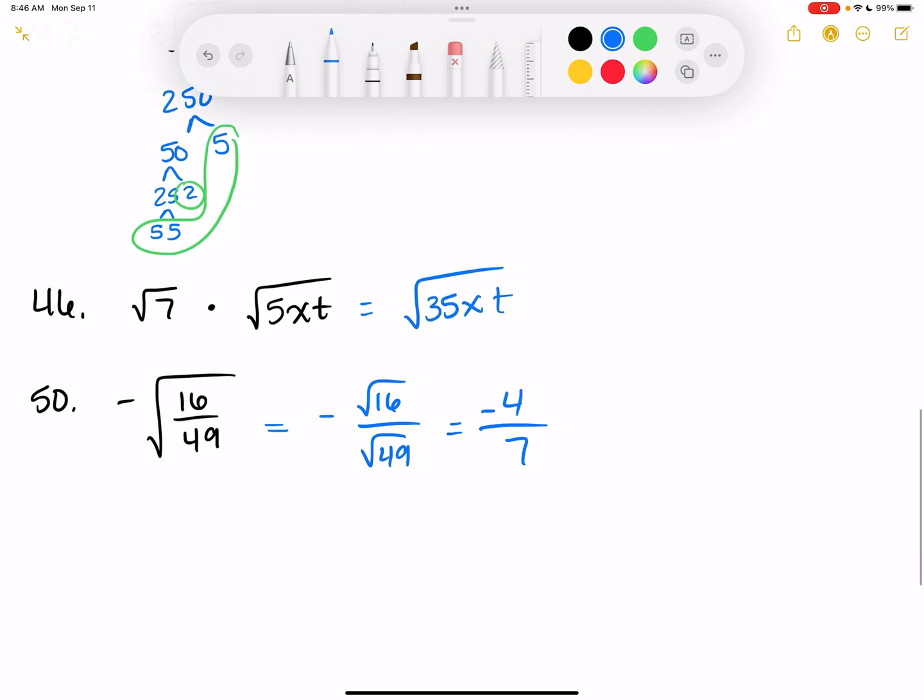Let's see. 54. 6th root of r over s raised to the 6th. So again, I can separate this like we did on the last one. So I'm going to have the 6th root of r over the 6th root of s to the 6th, which is going to give me what?